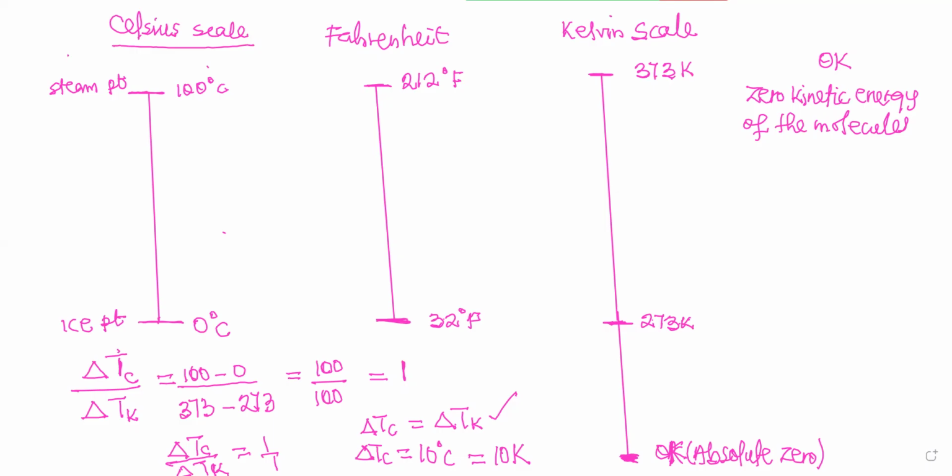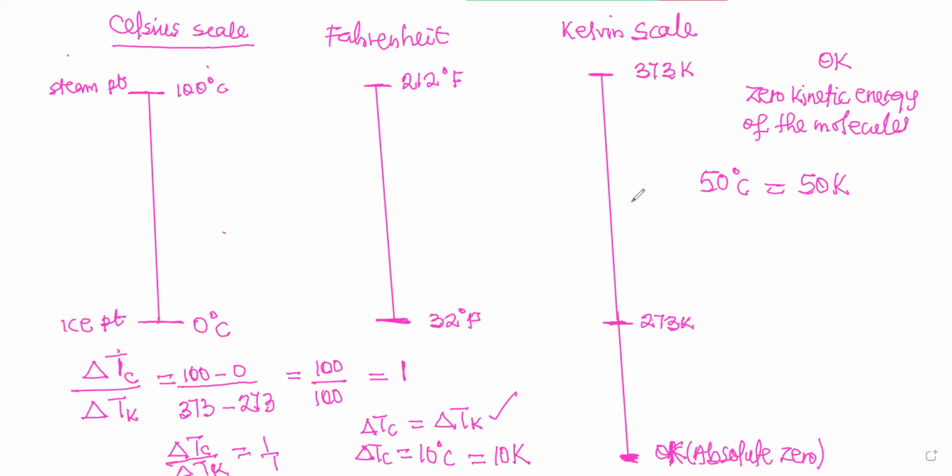So a change in temperature on the Celsius scale is equal to a change in temperature on the Kelvin scale. The ratio is 1:1. So a change in temperature of 50 degrees Celsius is equal to a change in temperature of 50 Kelvin, and the other way around.